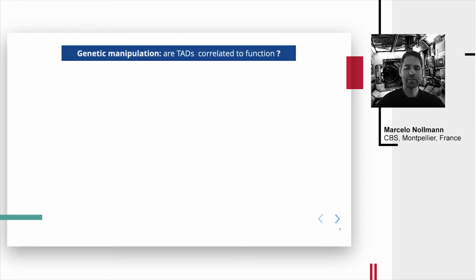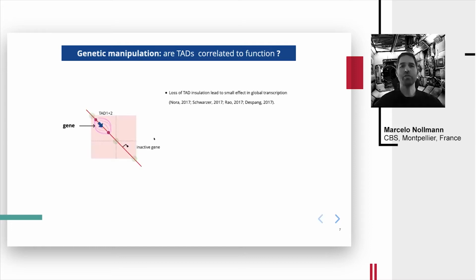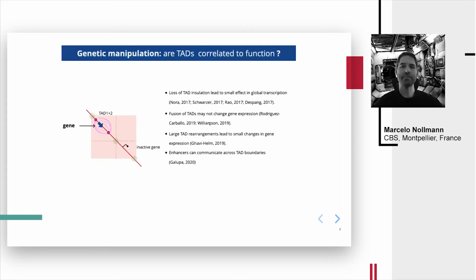However, in the last few years, there have been many other pieces of evidence suggesting that this may not be the case. First, people have been able to show that the loss of stat insulation often leads to very small effects in global transcription. Also, the fusion of neighboring stats does not often change the gene expression of the genes within the stats.